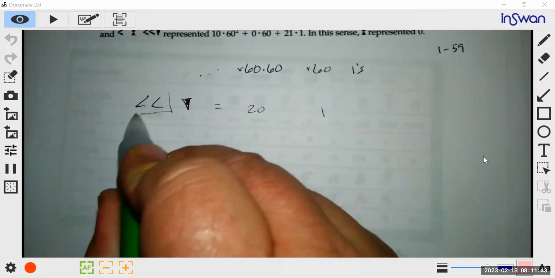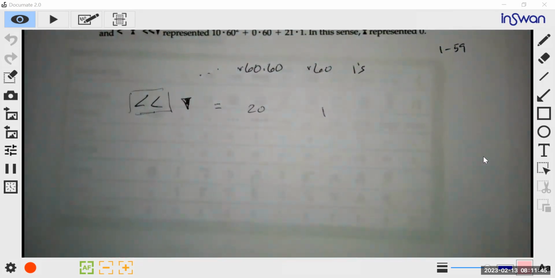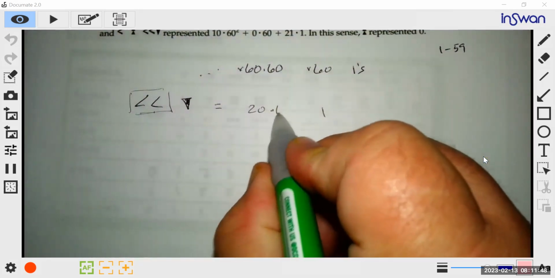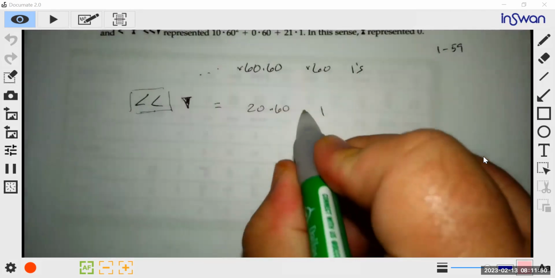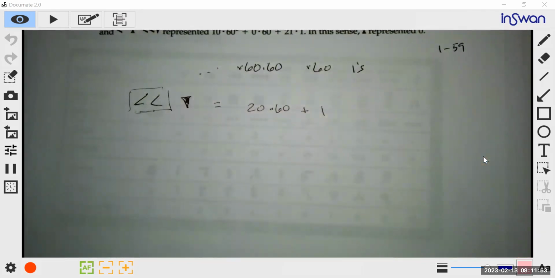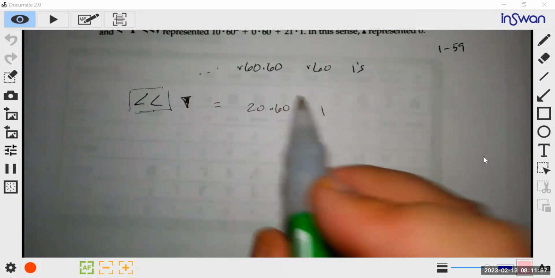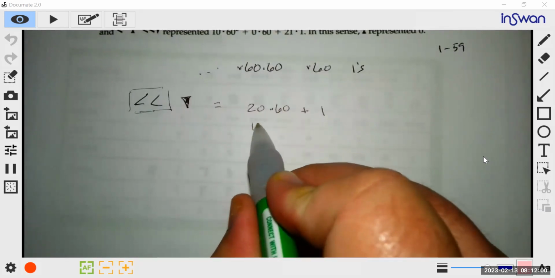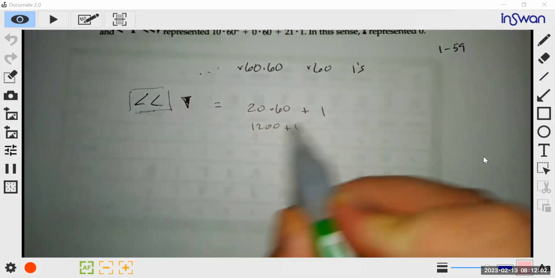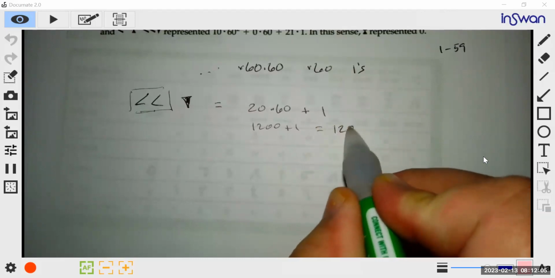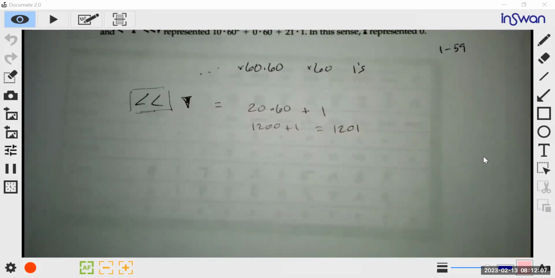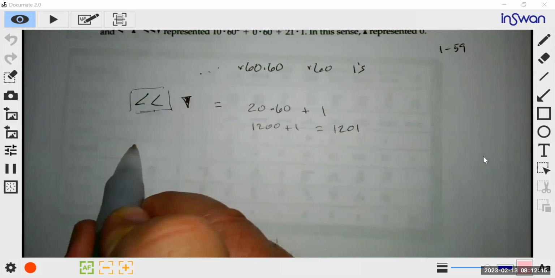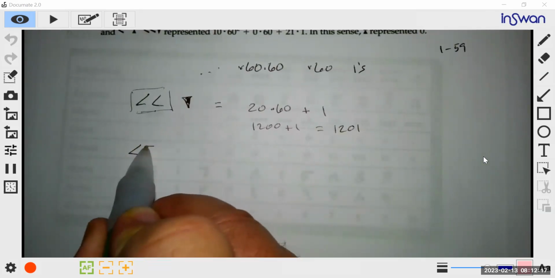But this is in the second placeholder value. So it's multiplied by 60. So 2 times 6 is 12 with 2 zeros, plus 1 equals 1201. Okay, what if I gave you this number?